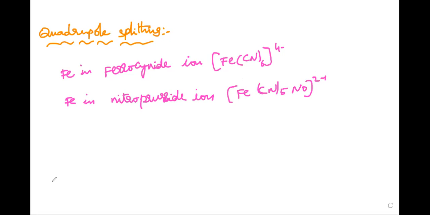So this is spin paired, and that is the quadrupole splitting like this. The first one is ferrocyanide, and the next one is the nitroprusside ion.